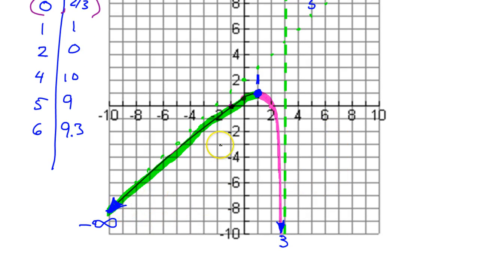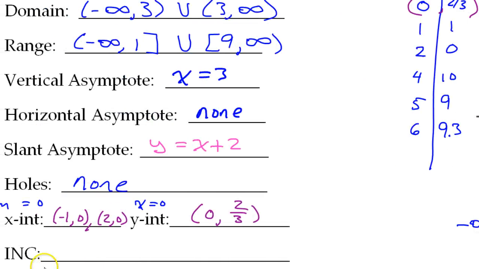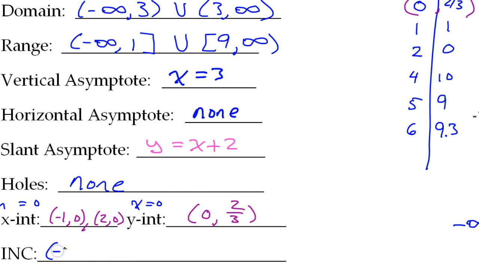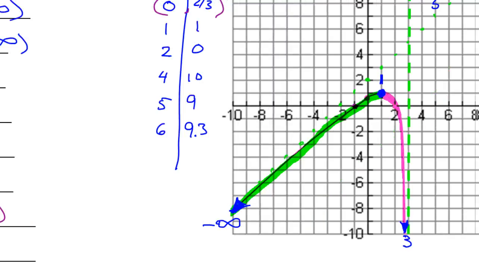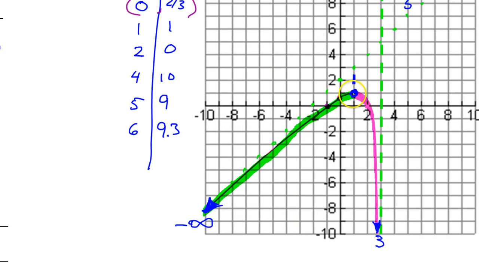So our first increasing interval is from negative infinity to 1. X values only, please. So we'll say negative infinity to 1. And these always get round parentheses, never brackets. Alright, because right at the changeover, it goes from increasing to decreasing.